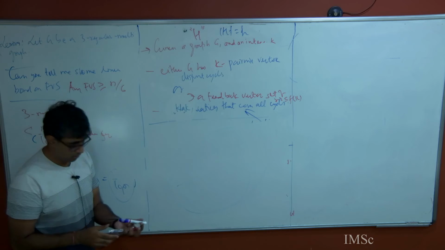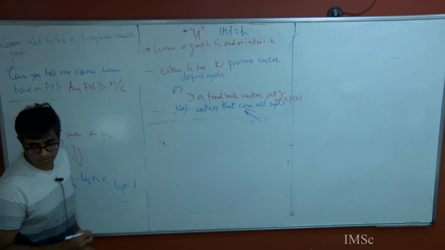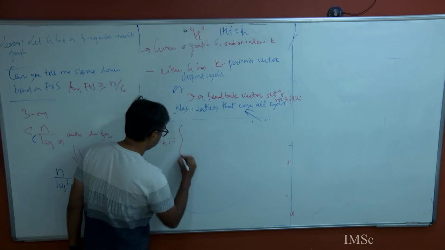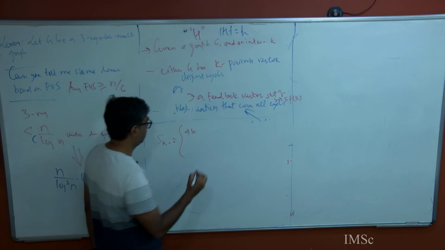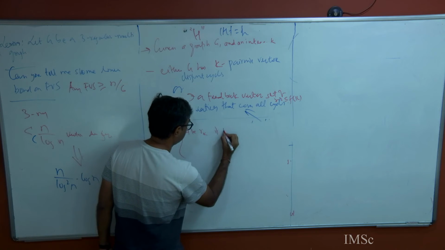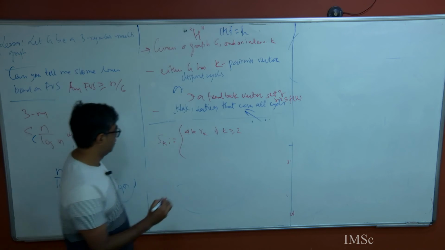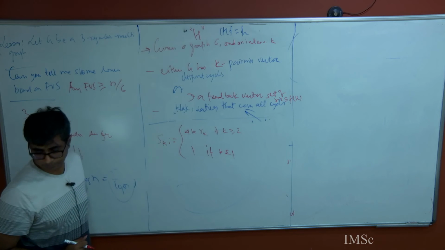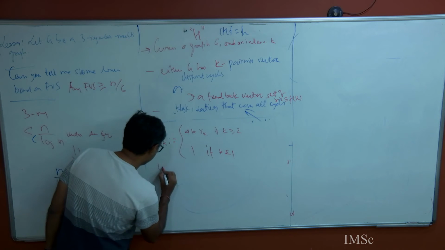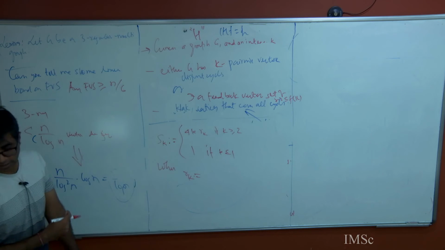Okay, so you prove some sk is some number like 4k times rk if k is greater than or equal to 2, and 1 if k is less than or equal to 1. What is an rk? What do you think rk should be?